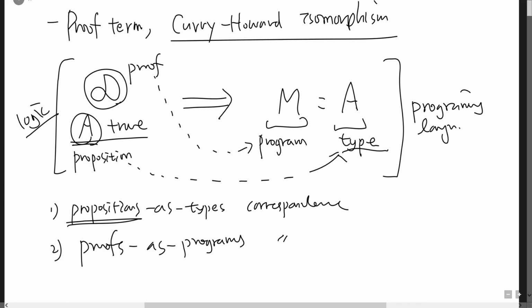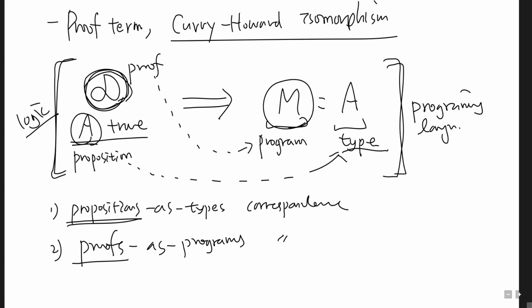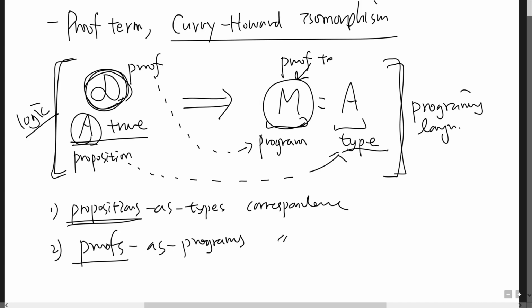So in logic, we have this proof, and this proof will be represented as a program in this programming language. In our case, we will call this program a proof term. So proofs in logic are actually programs in programming languages. That's the Curry-Howard isomorphism.